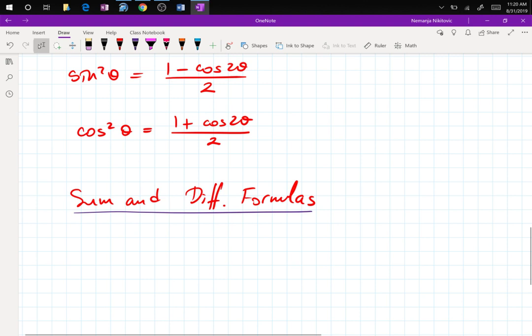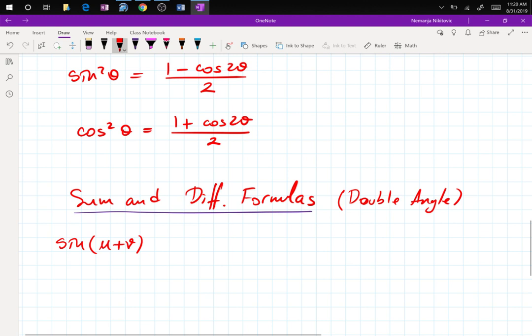This one over here says that, you know what, I'm going to put in a parenthesis over here: double angle. Because, look at this. If you have sine of u plus v, these are the two values, right?